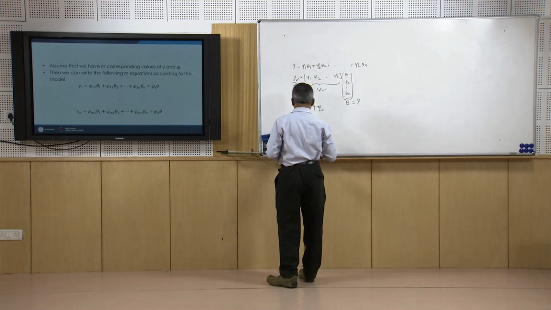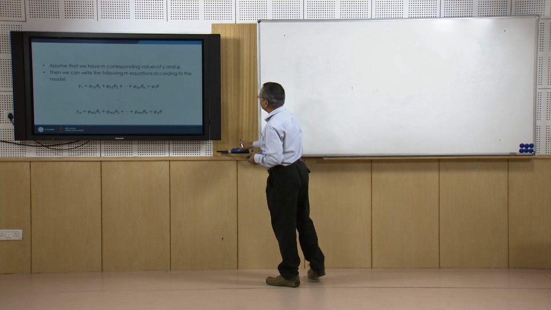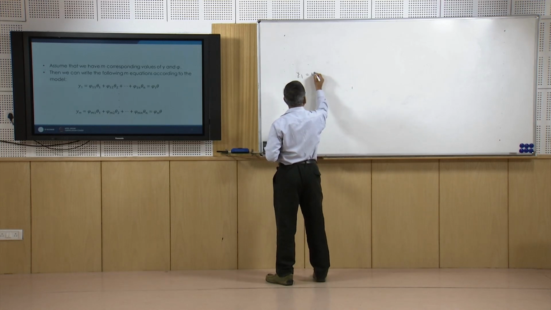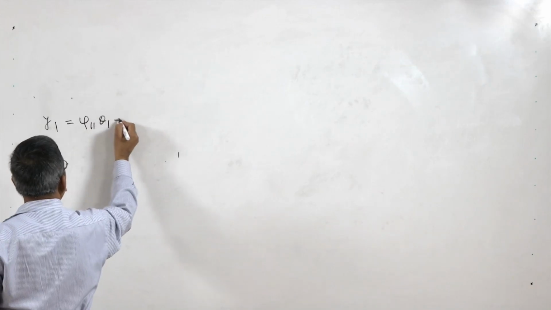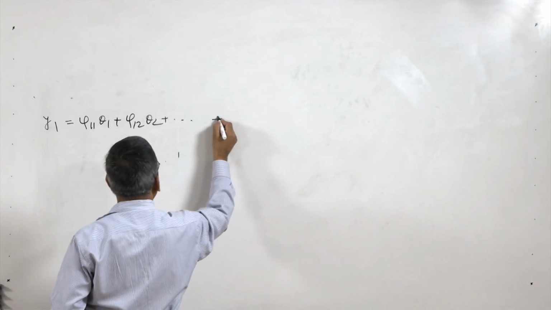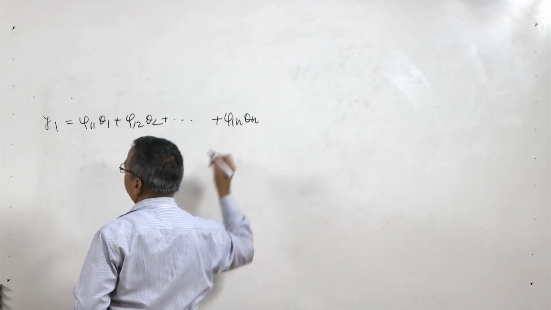So, my expressions could be as it is written there. Okay. So, my expression could be y1 is equal to say phi 1 1 theta 1 plus phi 1 2 theta 2 and so on plus phi 1 n theta n. Okay.